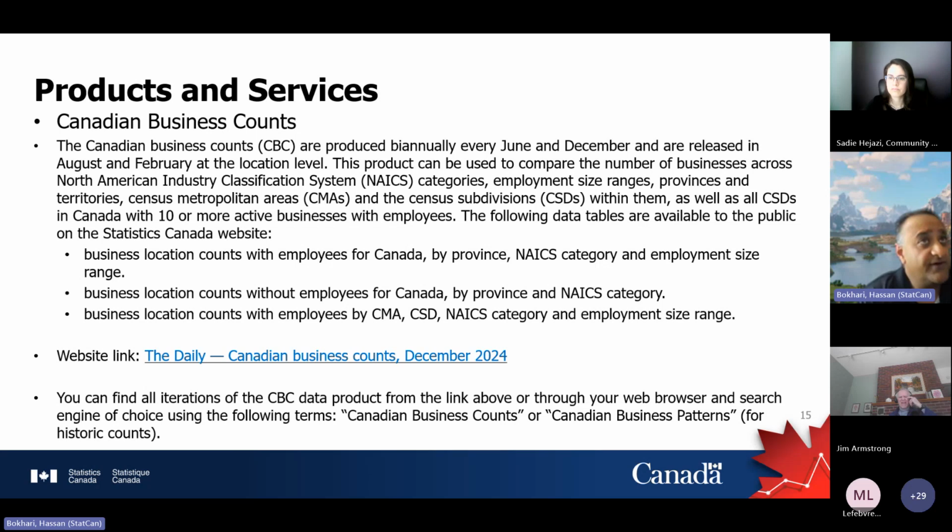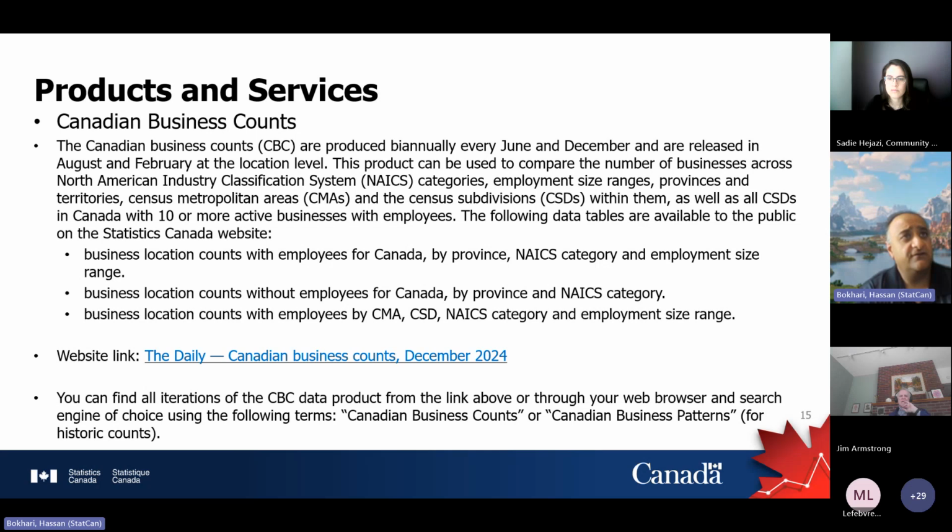This product can be used to compare the number of businesses across NAICS categories, employment size ranges, provinces, territories, CMAs, and the census subdivisions within them, as well as CSDs in Canada with 10 or more active businesses with employees.